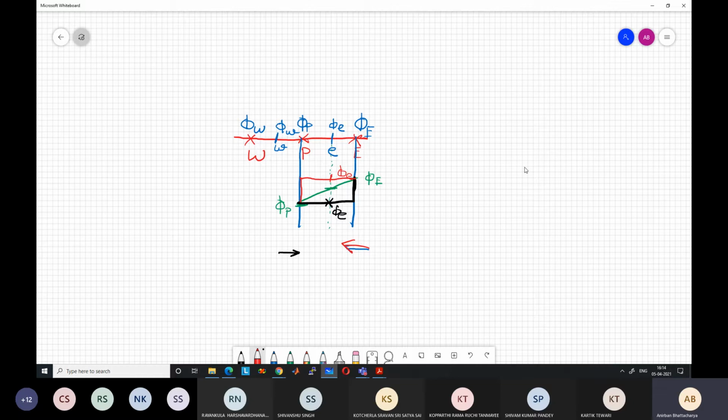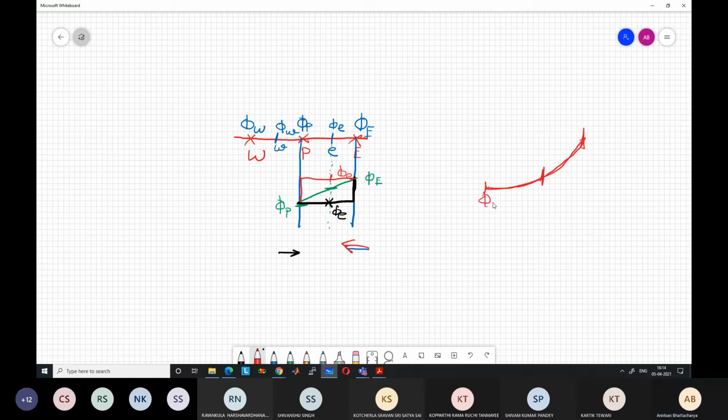Once we know that, say the variation is exponential, we don't know yet, but say it is, then we will try to fit an exponential curve between these two points, phi P and phi E, and based on the exponential curve, we will find the interface value.